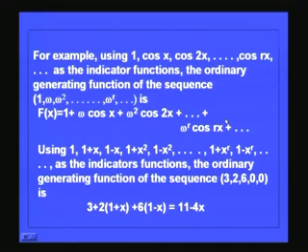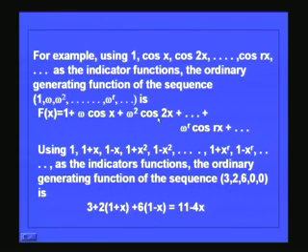For example, if you use 1, cos x, cos 2x, etc. as the indicator functions, then the ordinary generating function of the sequence 1, omega, omega squared, omega cubed, etc. is given by this expression f of x. The first function is 1, then omega, second here you have cos x, then omega squared, third here is cos 2x, and so on.